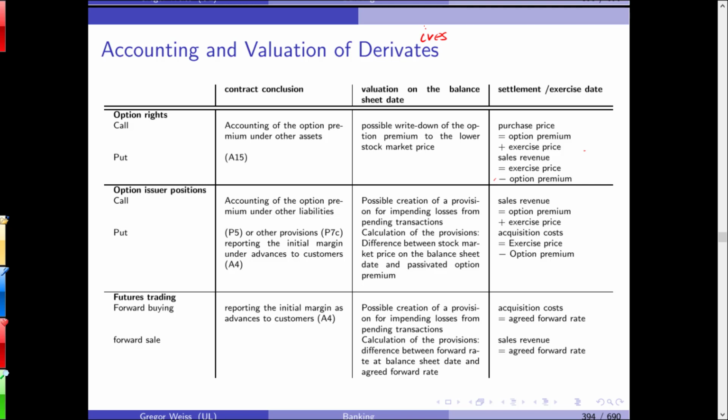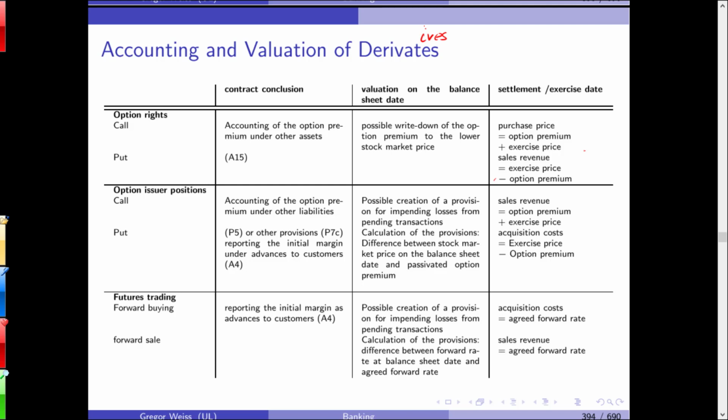We have a call and a put, and we'll have a look at how these positions are dealt with and how these are accounted for at the point in time where the contract is concluded, where you have the valuation on the balance sheet date and when the option is settled or exercised.